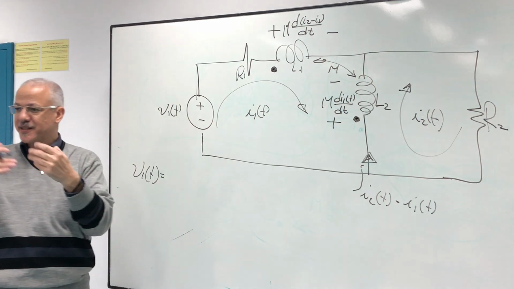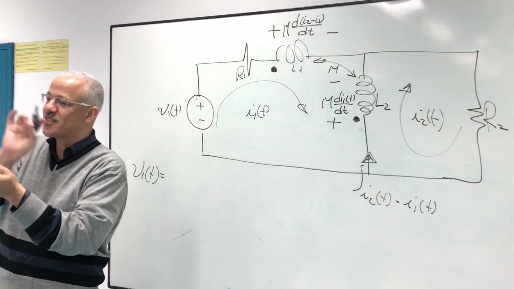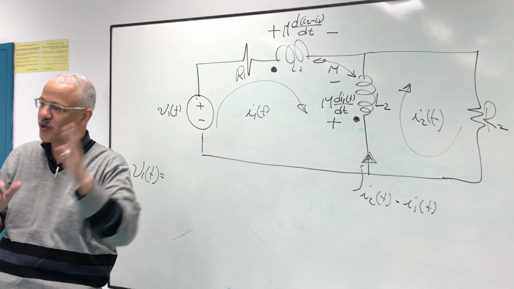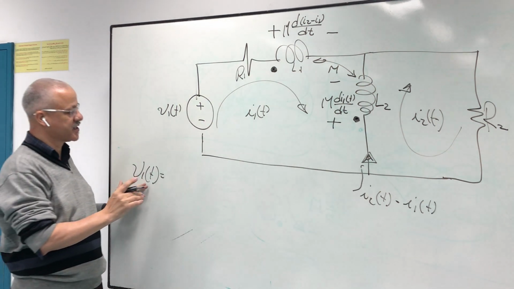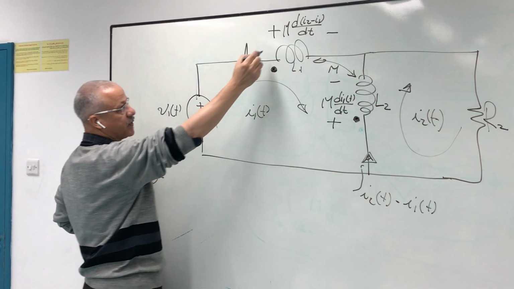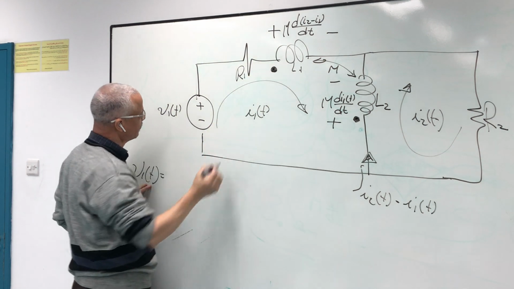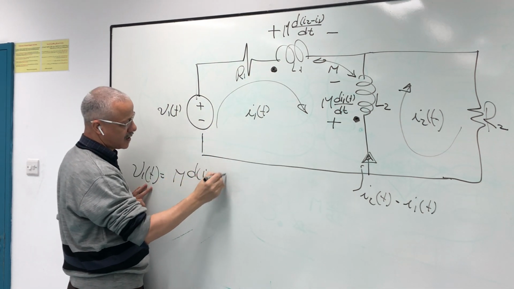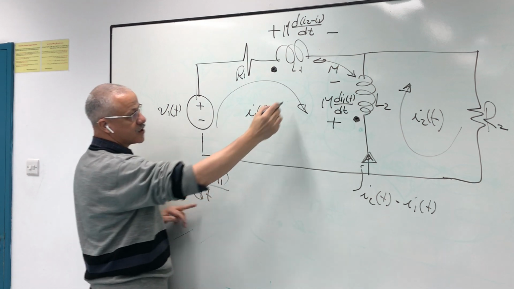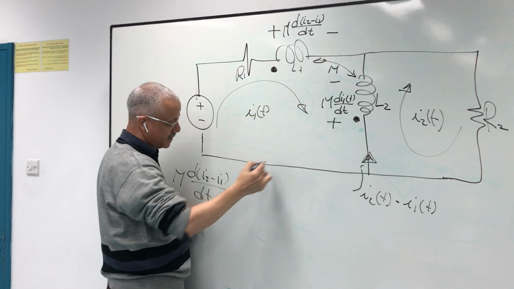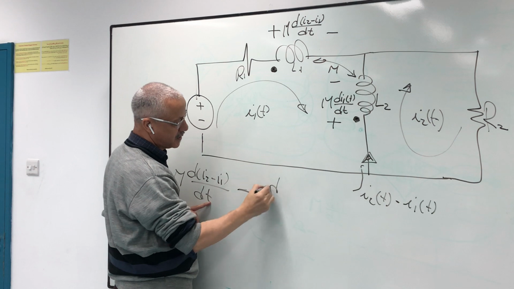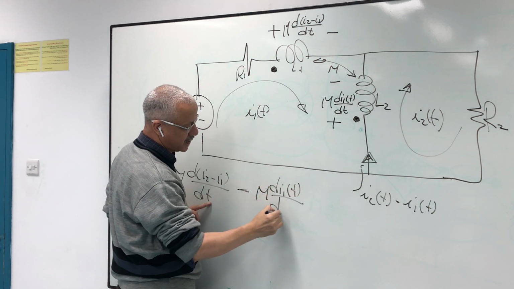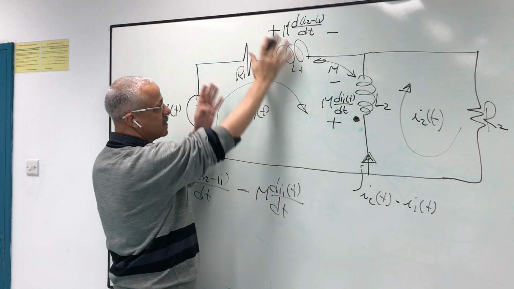If we consider a dependent source, it will be considered as a source, so you have to apply it as a source. So here it is a voltage drop. V1(t): let me consider this one. Is this positive or negative? Positive: M d(I2 minus I1) over dt. This one positive or negative? Negative. Excellent: M di1 by dt. So now I have finished the mutual part.